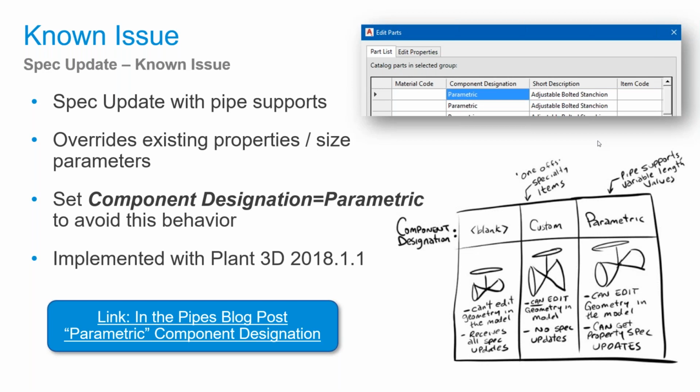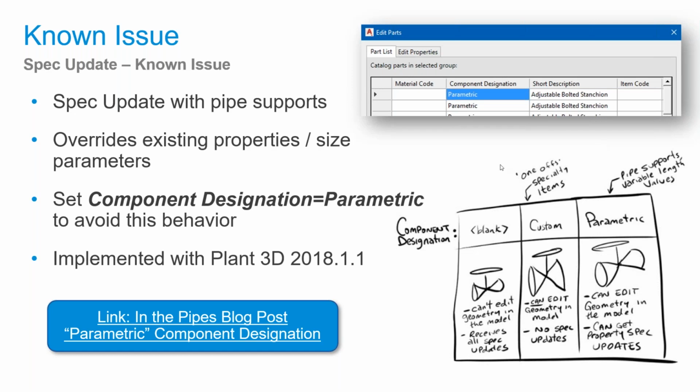So there are three possible values for this component designation. It is either blank, and that's how it is out of the box. Maybe it shouldn't be parametric out of the box. Or it's custom. Custom is if you want to change parameters, but still you want to be able to update it from the spec. But this will default also the part on the spec update. And then we have parametric.